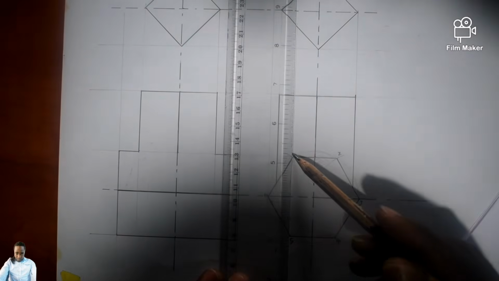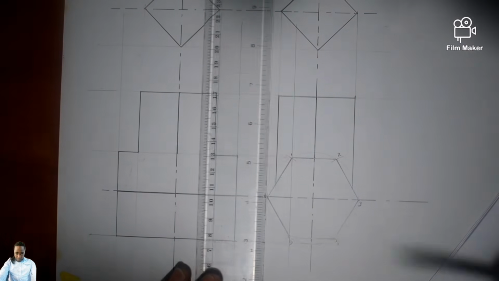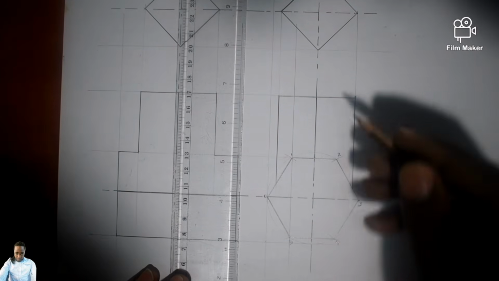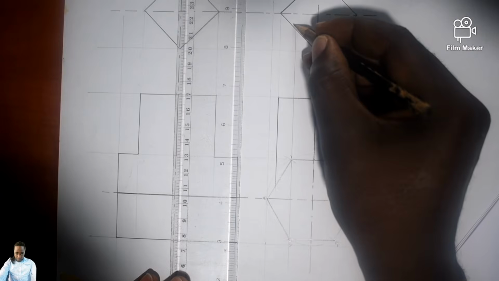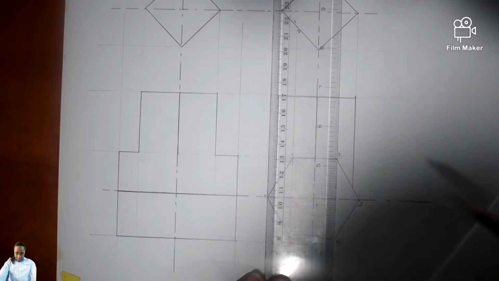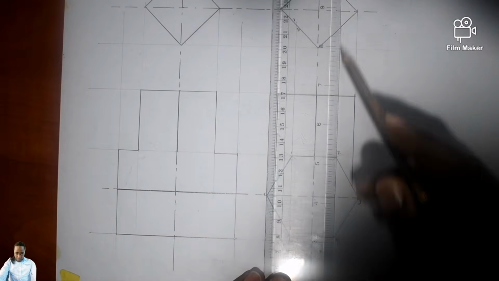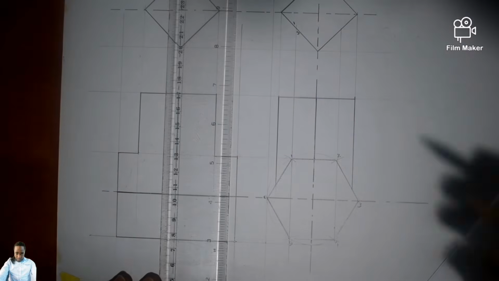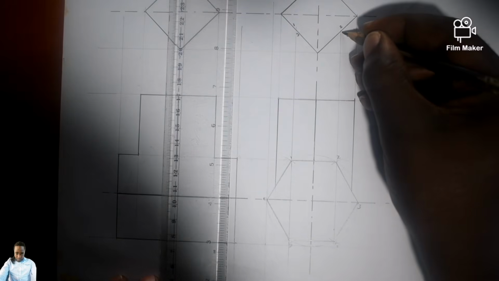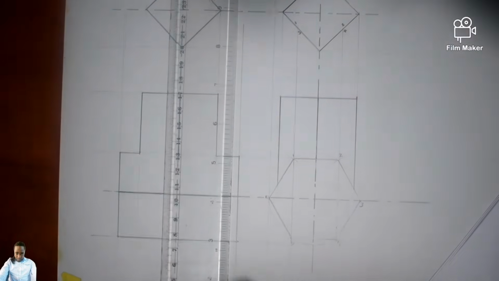And point 1 and point 5, they're in the same line. Do you see? Which means I can say I've got point 1 there with 5. Point 2 and point 4, they're in the same line, which means I can say I've got 2 there with 4. You understand?